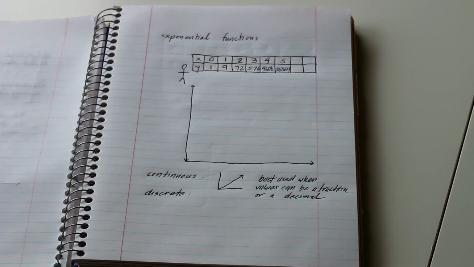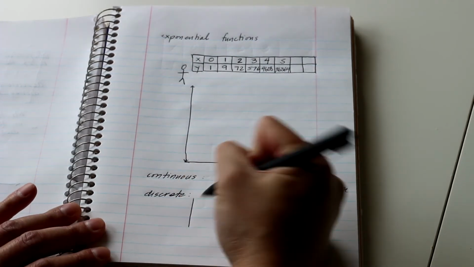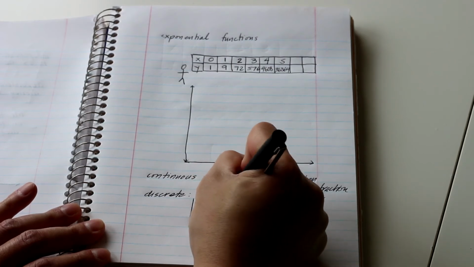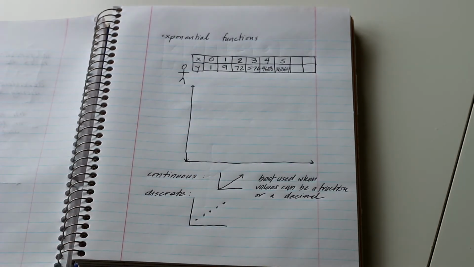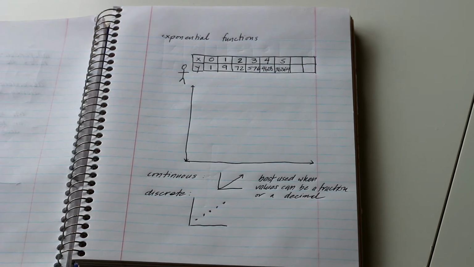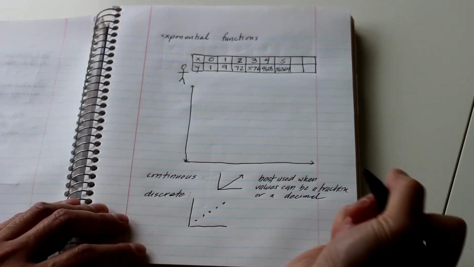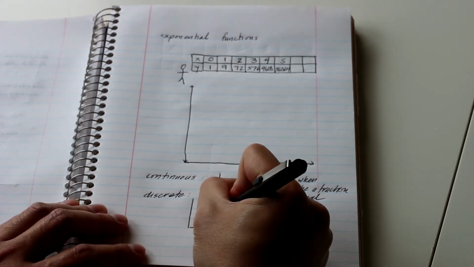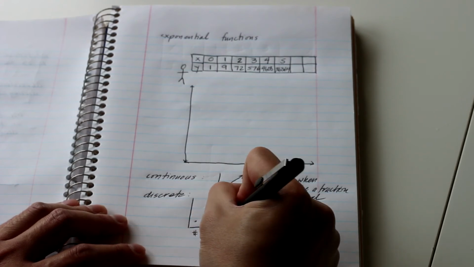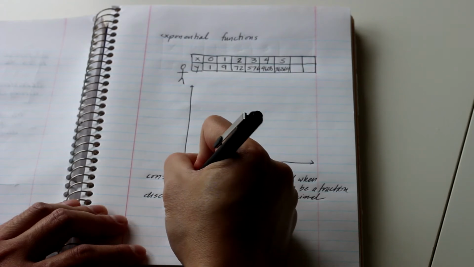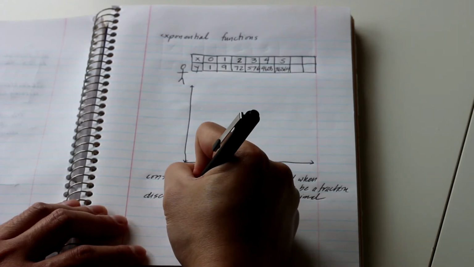And what about a discrete graph? What would that look like? Well, it would look like this. You'd have a series of dots, and the reason you would have a series of dots is because the values can only be represented as whole numbers. For example, let's say I'm running a daycare and X represents the number of days that go by, and Y represents the number of babies in my daycare.